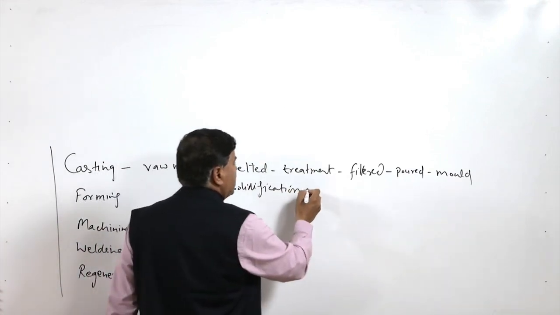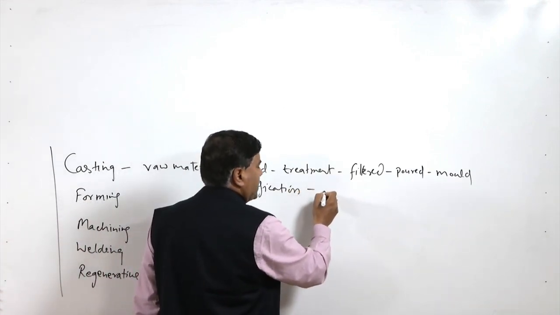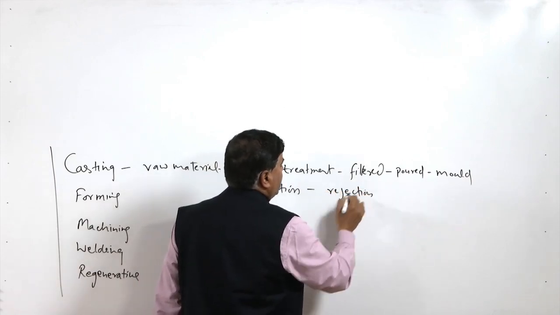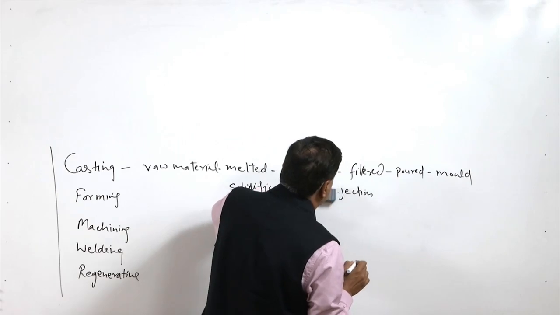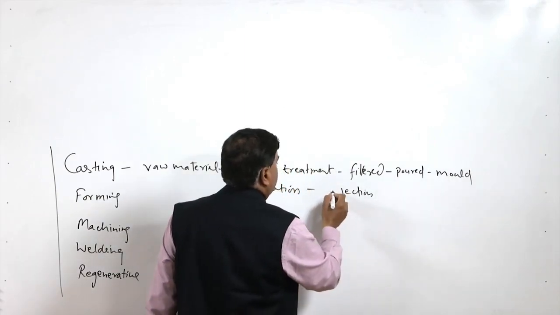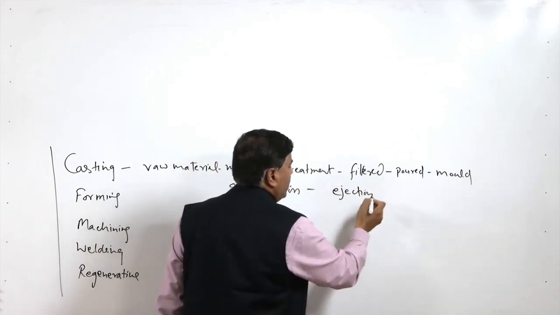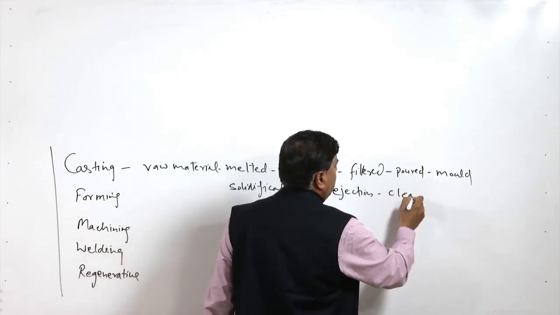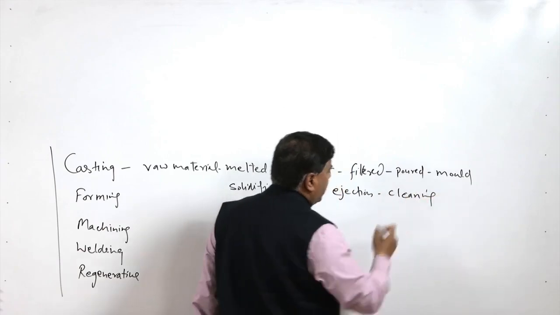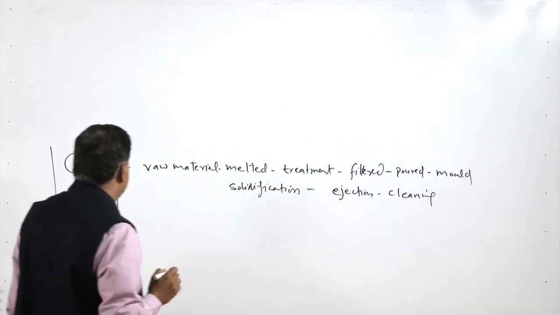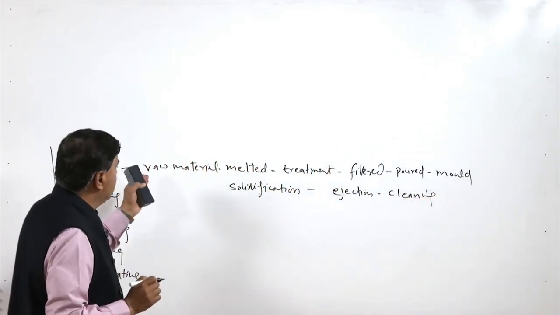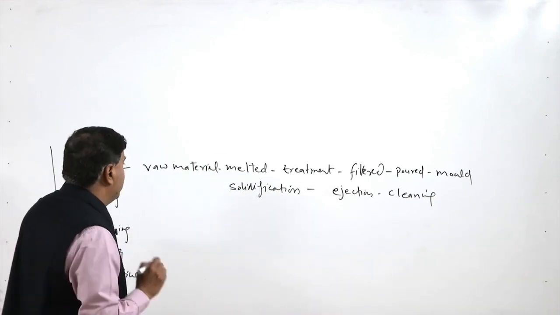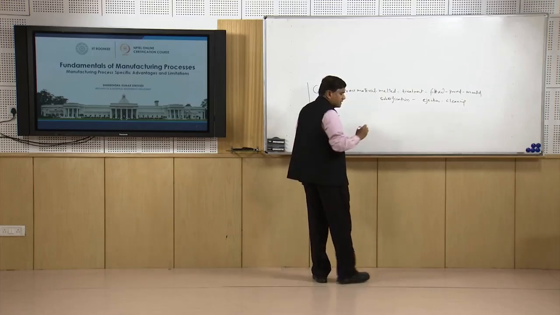Once the casting is solidified, it is taken out, ejection, not rejection, ejection from the mold, and then cleaning and fettling, etc., are done as per the process. So, these are the steps.